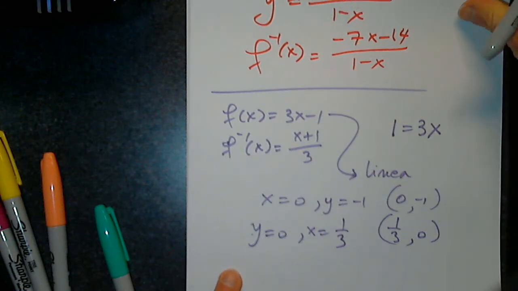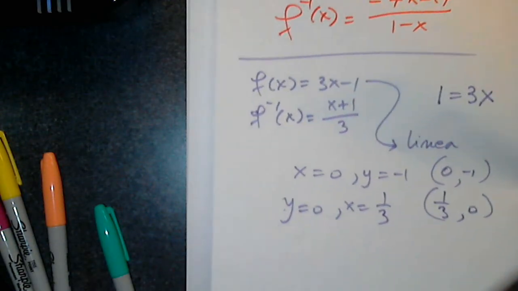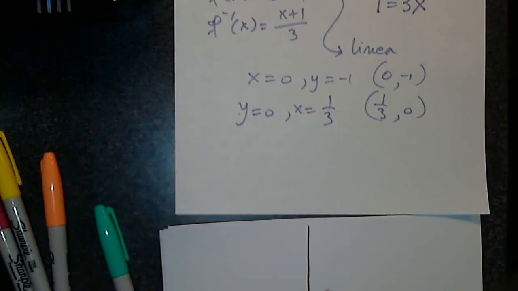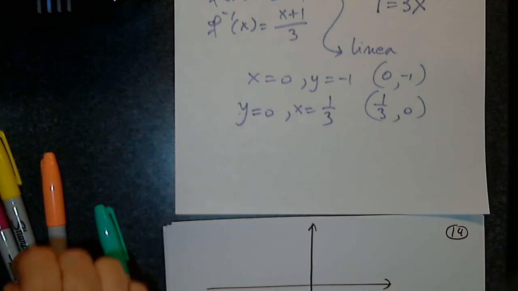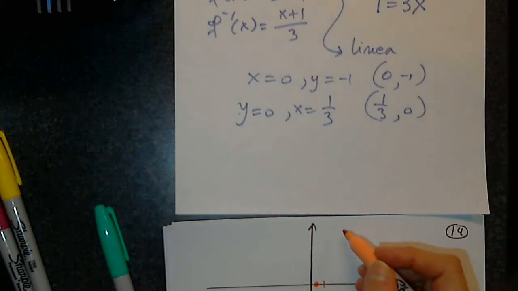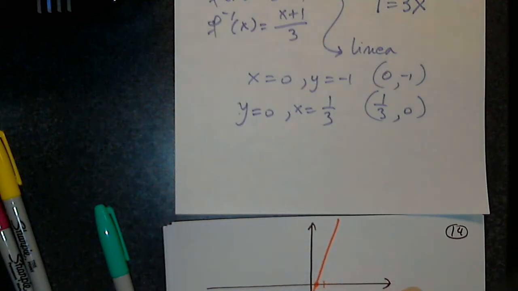Okay, so let's graph it. You said 0, -1. And you said 1/3, 0. This is the function f of x. Agreed?